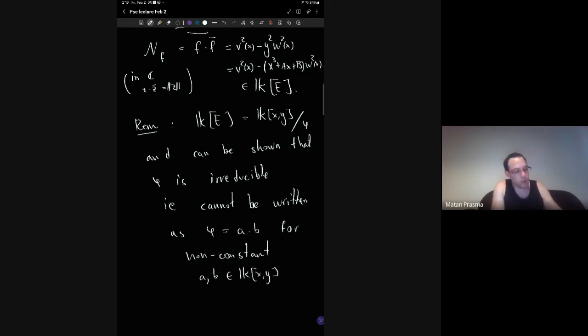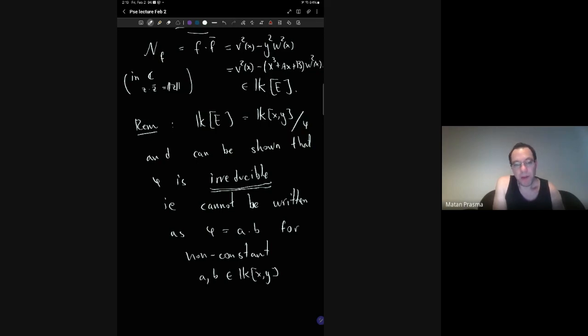So this is what we called, in one variable, prime. But the proper term for multivariable polynomials is irreducible. And remember that when we took the ring of polynomials in one variable and divided by a prime polynomial, we got a field.